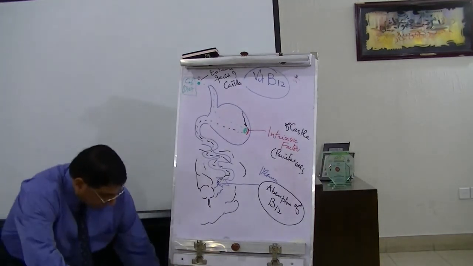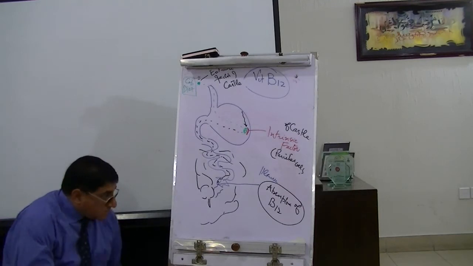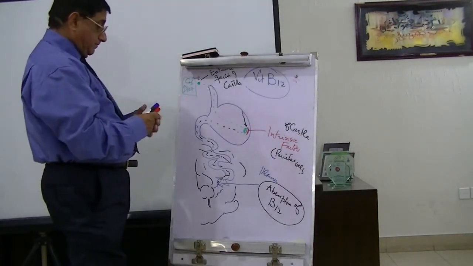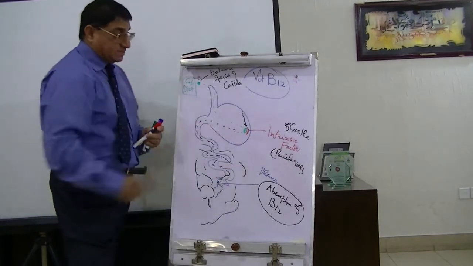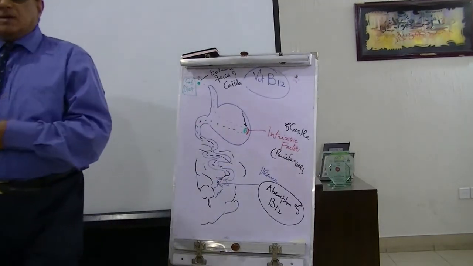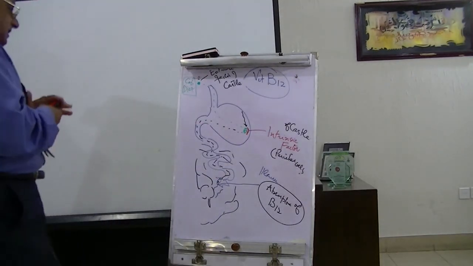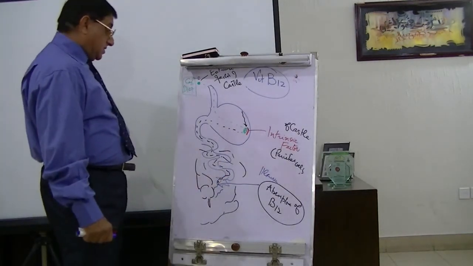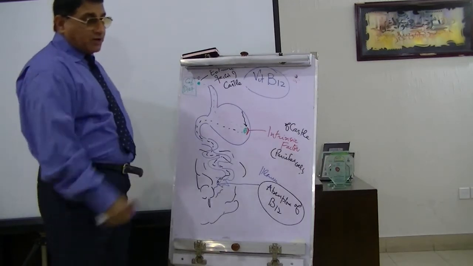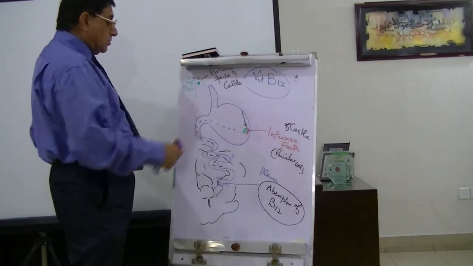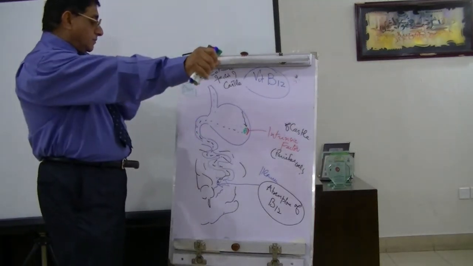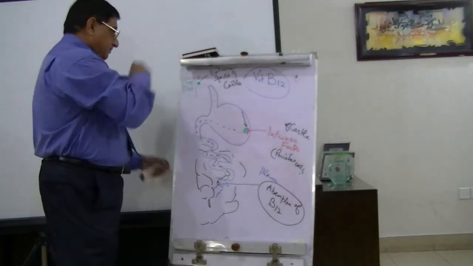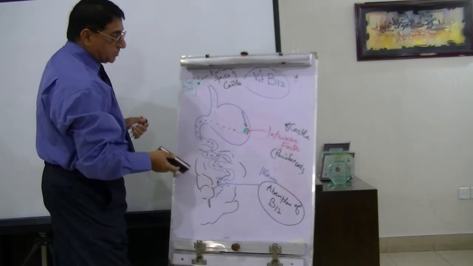There are some proteins called R proteins, and then it goes to the ileum from where it is absorbed. Once it is absorbed, it is methylated by relieving the folate trap, and so it causes further chemical actions. What are these? This was about the absorption.